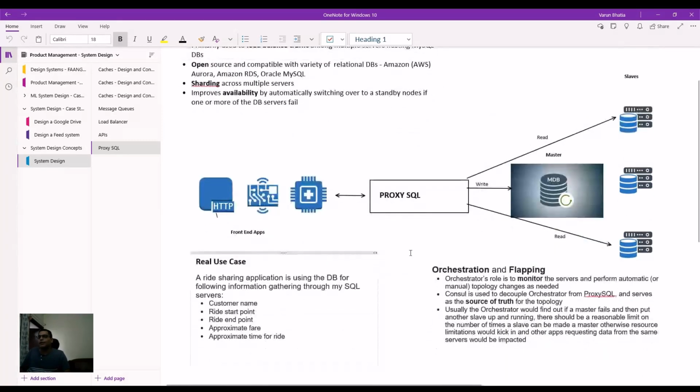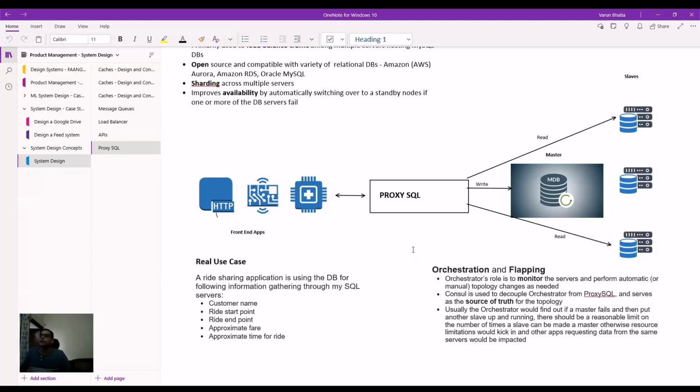Usually, two terms that I would call out that are important to understand are orchestration. Orchestration is basically a monitoring tool that helps to understand the servers and the load on the servers, and then it will perform an automatic switch whenever it is required.